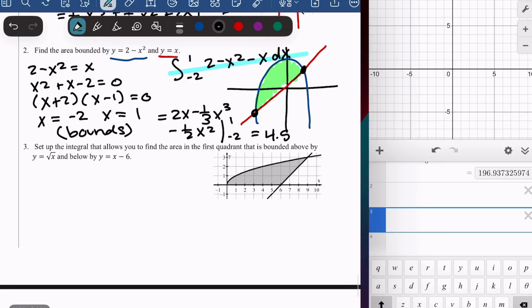Okay, number 3 says set up the integral that allows you to find the area in the first quadrant that is bounded above by y is equal to square root of x and below by y is equal to x minus 6. Notice in this problem they give us the graph.